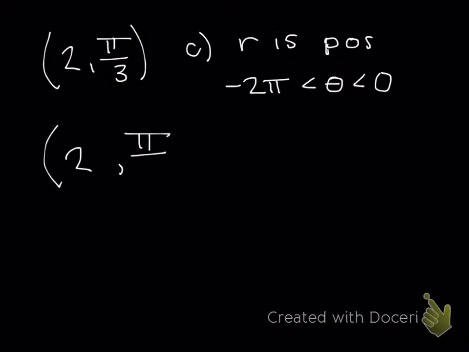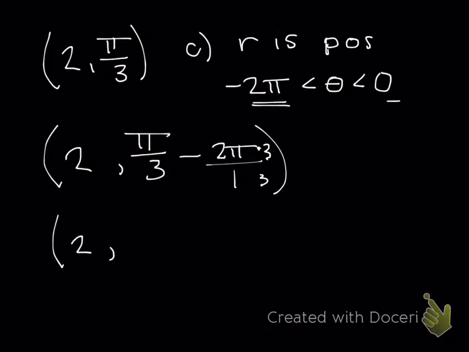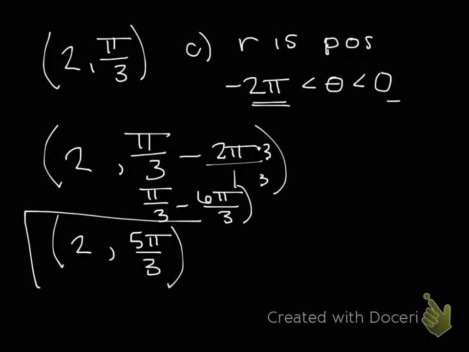I take this pi over 3, and since it's between negative 2 pi and 0, I'm going to subtract 2 pi. And again, we multiply by 3. So I'll get 2, and this will be pi over 3 minus 6 pi over 3. So 2 comma negative 5 pi over 3.